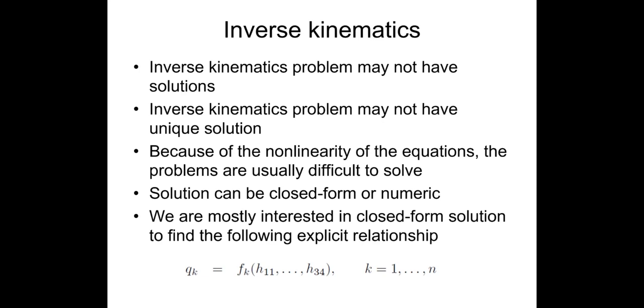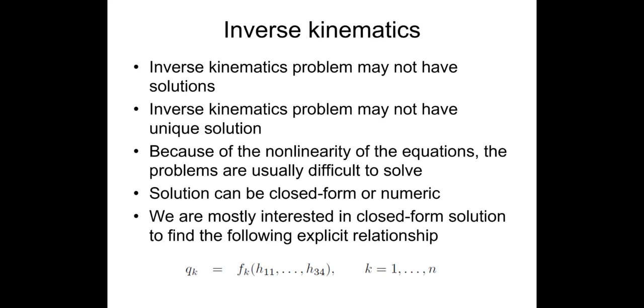So that's it. But the difficulty is we cannot really solve those 12 equations to get the 6 joint variables because it's so complicated mathematically. So we need to think about what we can do so that we can solve for these 6 variables. That is the key thing, the goal of solving inverse kinematics problems.